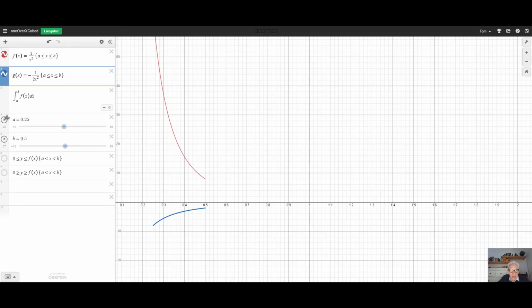Now I'm going to show you the area under the curve, and you can see it's that grey shaded area there. When you add up all of that shaded area, the system tells us that the answer is equal to 6, which is the answer we got working through the example ourselves.